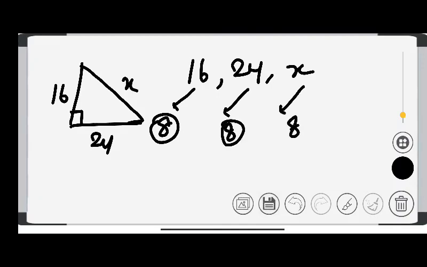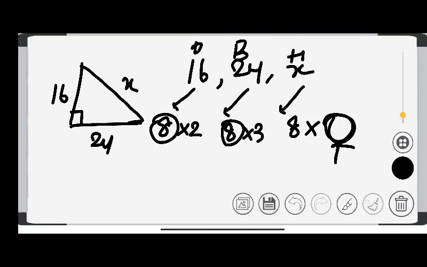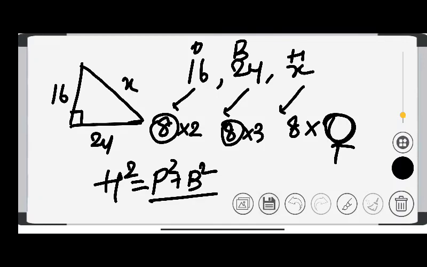So 8 will also be here. I found 2 here, I found 3 here, I didn't find anything here. So I have to find this, because this is perpendicular, this is base and this is hypotenuse. So what should you do? Hypotenuse square is equal to perpendicular square plus base square. I didn't need 8 because 8 is common in everything.